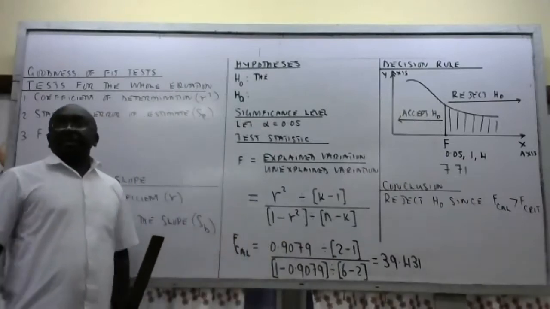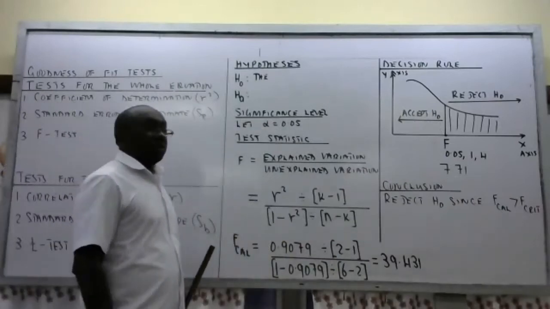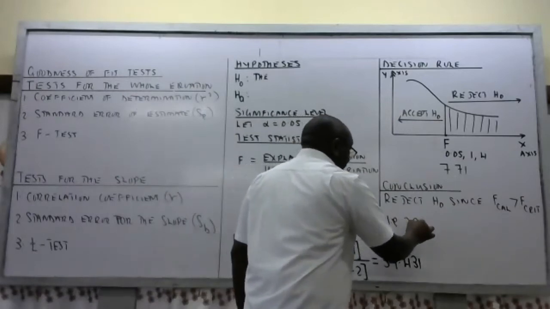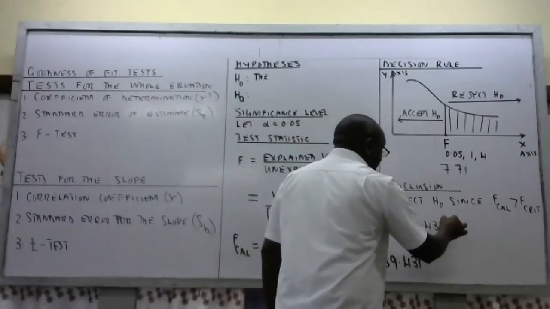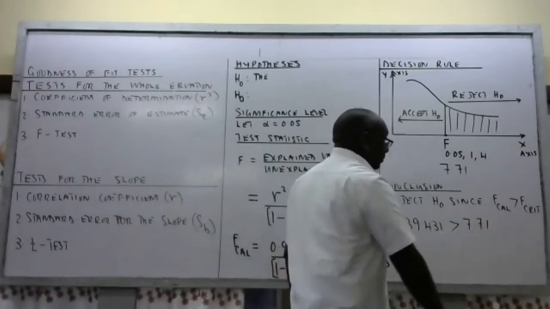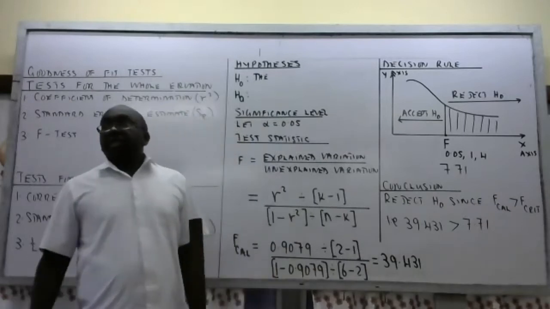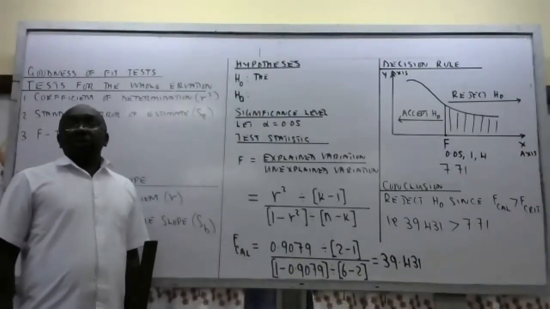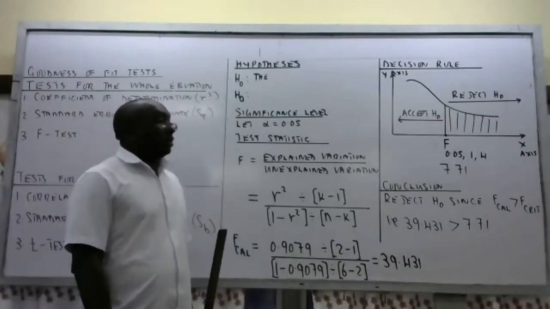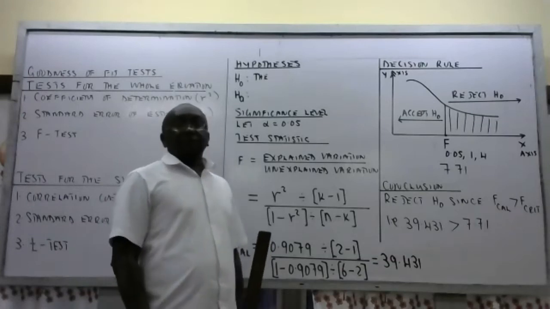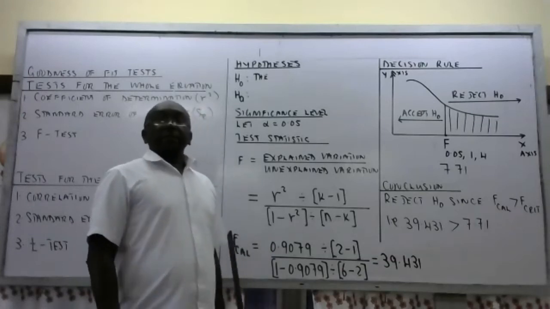That is, 9.431 is greater than 7.71. The critical value is the one that you read from the tables.